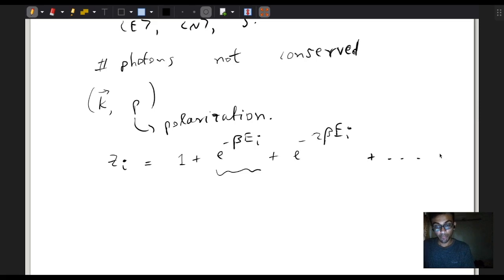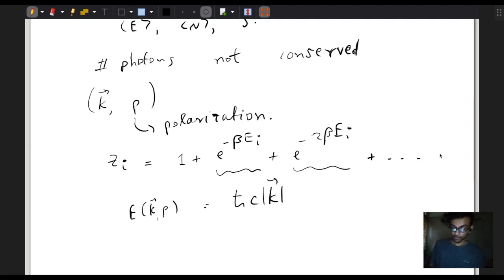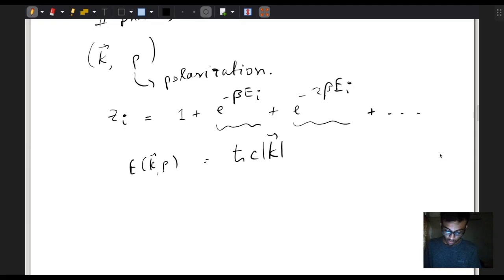This is the contribution from the state with one photon, this is for two photons, and so on. We know that the energy of a photon with wave vector k bar is h bar ck. So this is a simple geometric series.